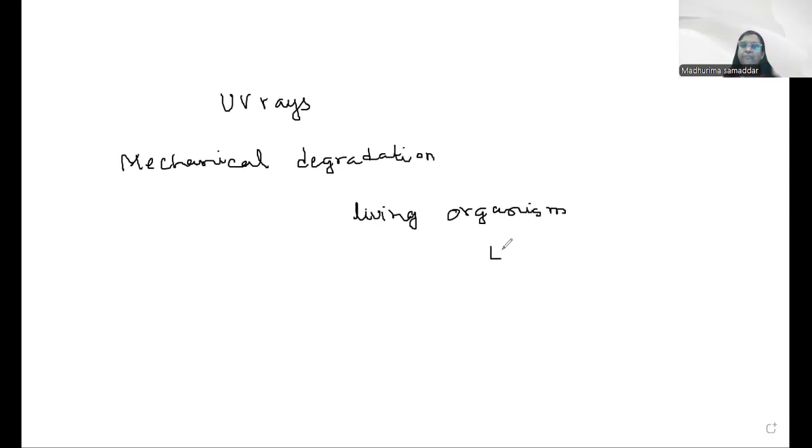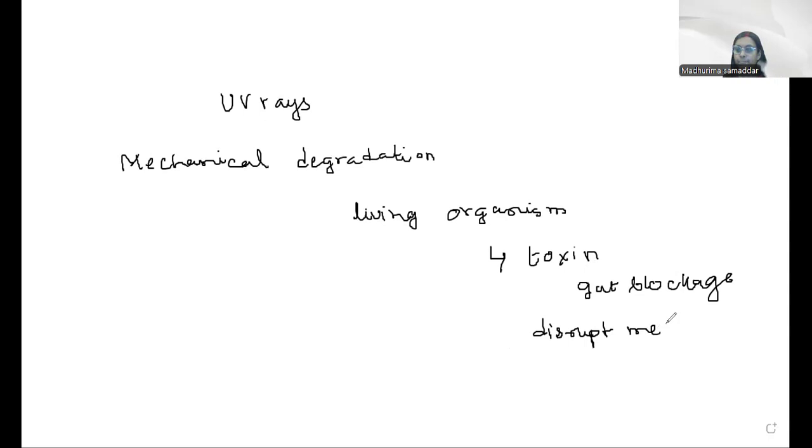And it contains toxins. So it can cause gut blockage. Then it will disrupt the metabolism. The reproductive process will be affected for many organisms inside the ocean or sea.